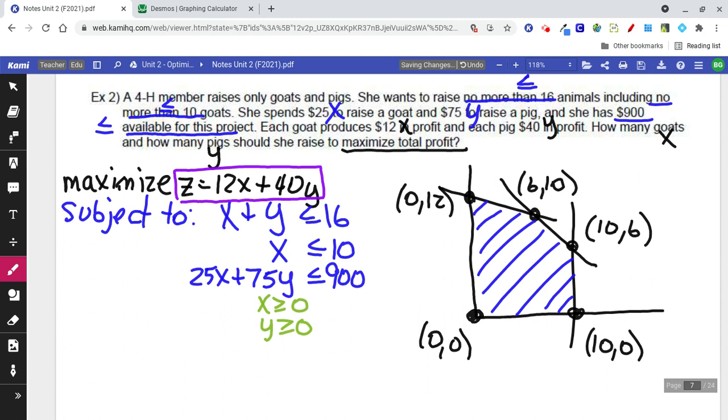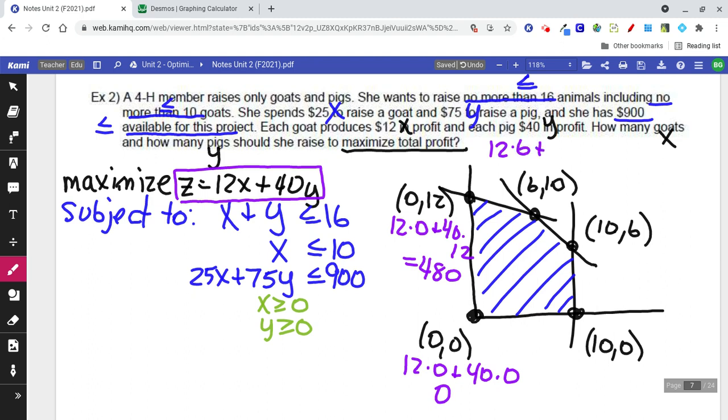12x plus 40y. Well, this one's definitely going to be 0. The first one, 12 times 0 plus 40 times 0 is 0. 12 times 0 plus 40 times 12 is 480. Then 12 times 6 and 40 times 10 is 472.